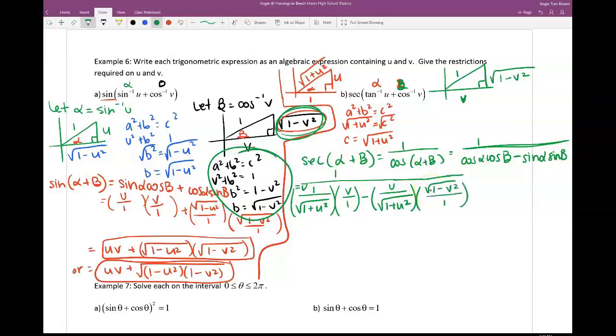Okay, so let's multiply this out. It doesn't look cute, but what choices do I have, right? It's 1 over, here we go. I'm going to multiply these, so let me highlight. 1 times v is just going to be what? V over my denominator of the square root of 1 plus u squared, minus u times the square root of 1 minus v squared.